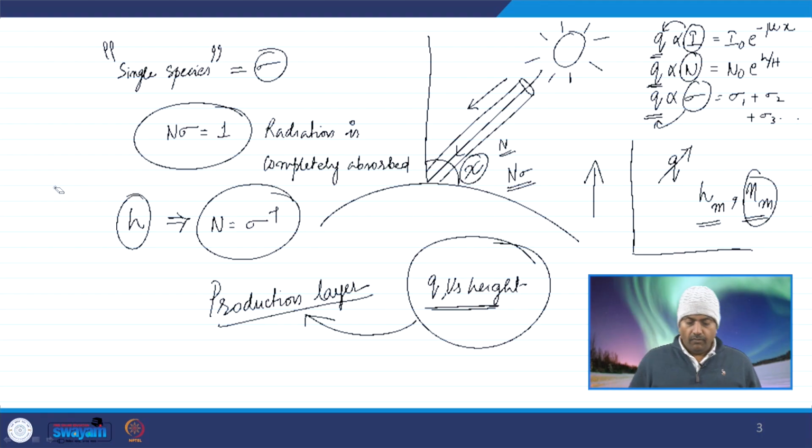With this basic understanding, we can summarize our objective into simple points. The shape of the production layer, what is the production layer? Production layer is rate of production versus height. The shape of the production layer depends on the atmospheric species as well as the incident solar radiation.